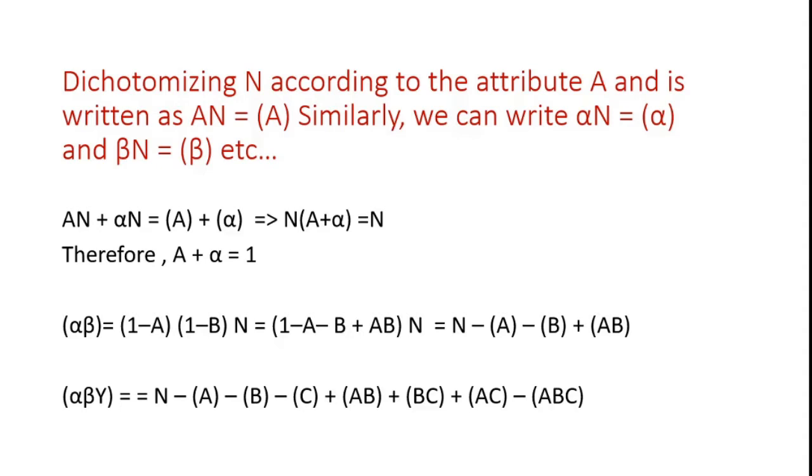When I say A is honesty, then A complement is not being honest. Symbolically, the complement of A is represented as alpha, the complement of B is beta, and the complement of C is gamma.